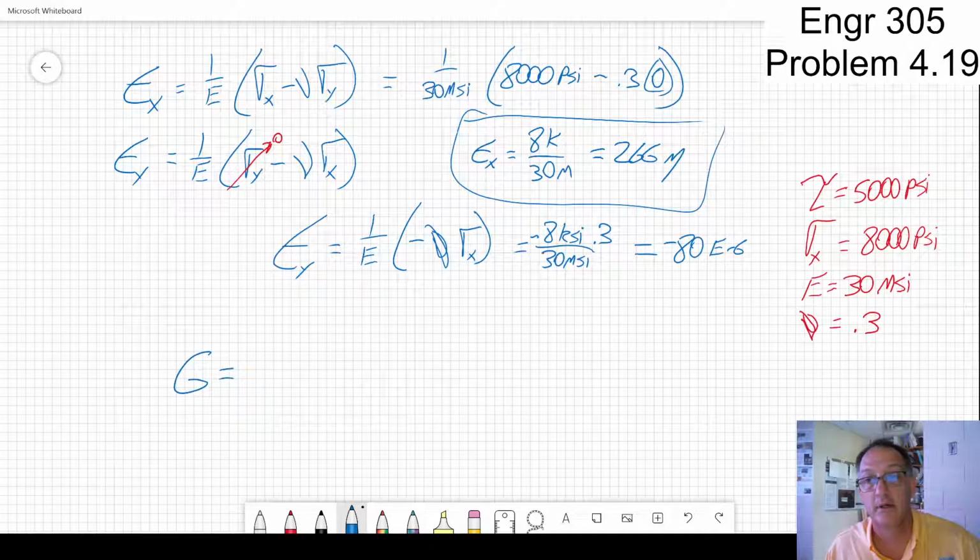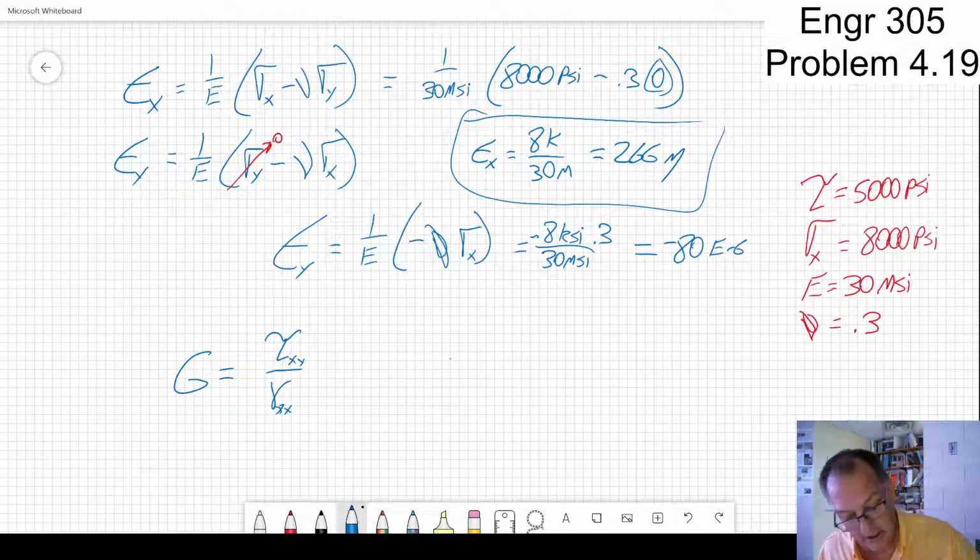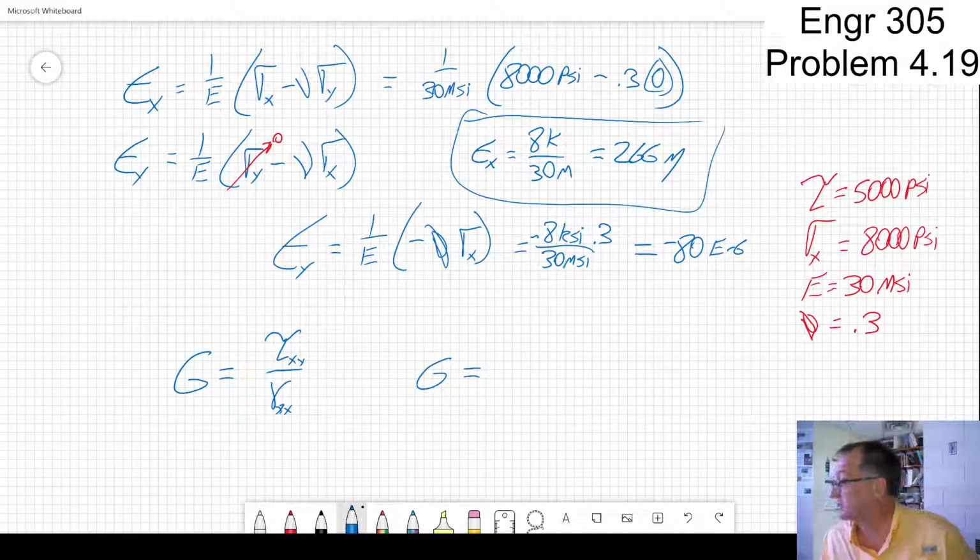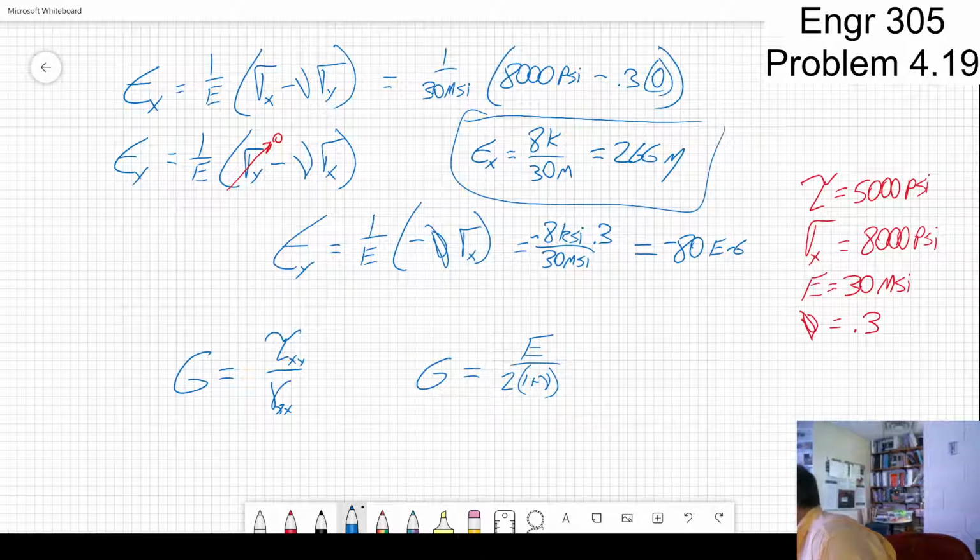G is equal to the stress over the strain. I put my XY coordinates on there. Now I have to calculate G, which is equal to E over 2 times 1 plus Poisson. I'll check that equation. Yeah.